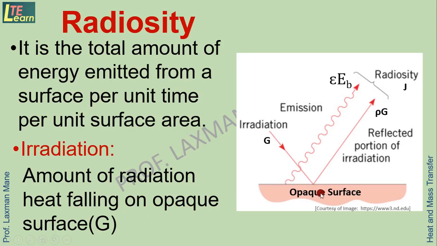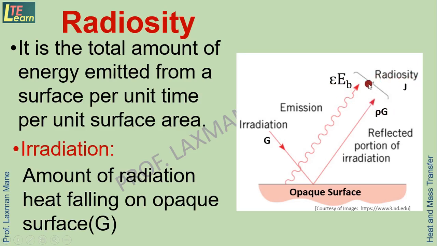By this, the temperature of the opaque surface is increasing, thus it emits some portion, and the reflected portion of irradiation is shown here with rho into G, and this is the amount of energy emitted from the surface, that is epsilon into EB. EB is emissive power and epsilon is emissivity.